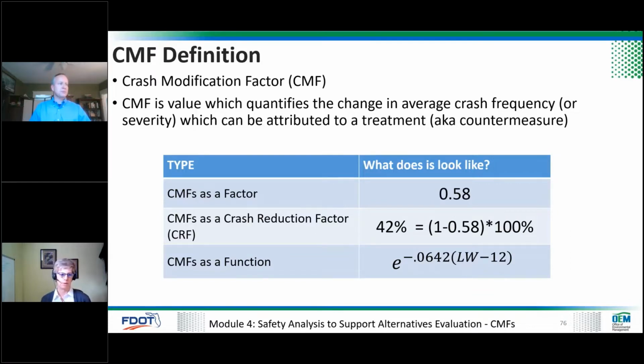The multiplicative factor in the first row is the most common. There are also crash modification functions, and that's in that third row, that's an equation. You would input, in this case, your lane width, do the calculation, and you would get your crash modification factor. So they're just a number.